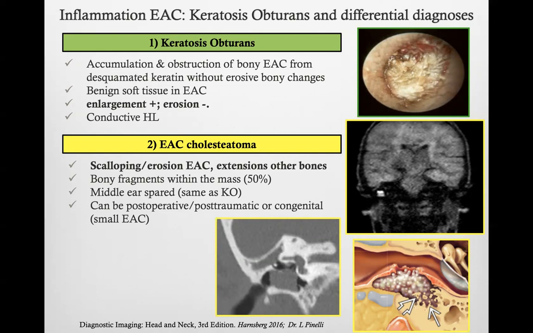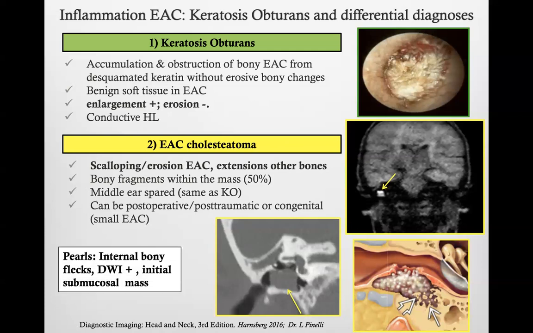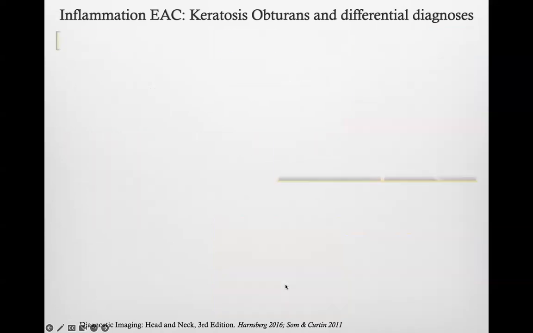And remember that this can be a post-operative complication, not only congenital, but also post-traumatic. And this is a case courtesy of Professor Lorenzo Pinelli. So when you see internal bony flecks, DWI restriction, and a submucosal mass, you see here, starting from the submucosa, also from these drawings from Arnsberg's book, think of external canal cholesteatoma.